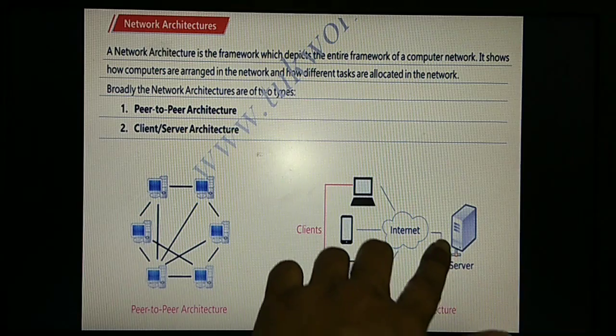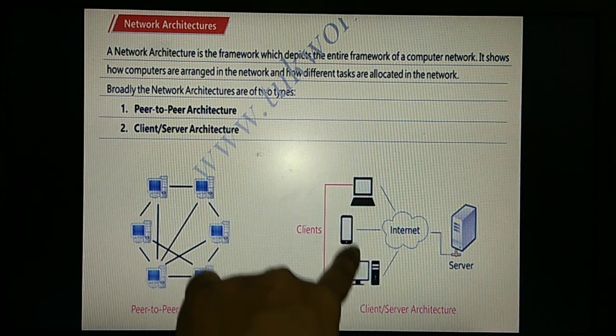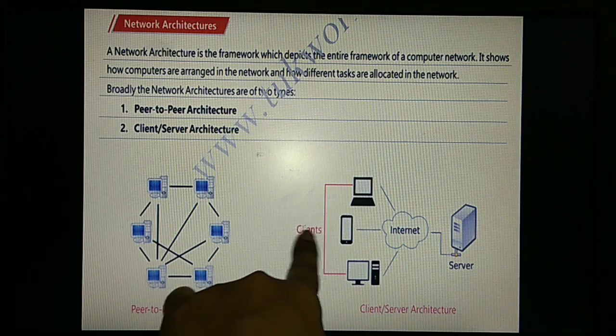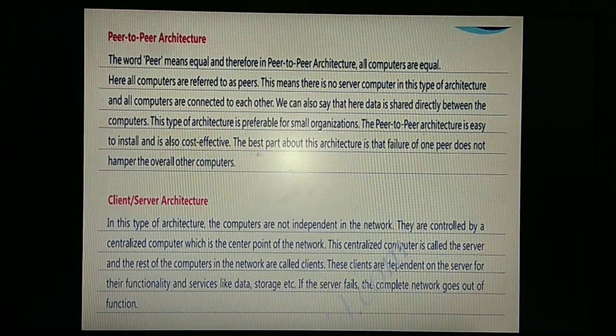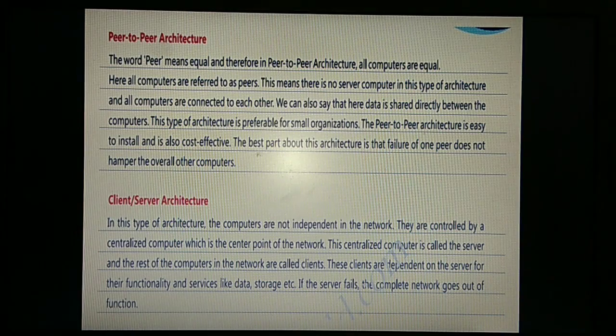See, this is the server, and the rest of the computers or other devices are called clients. These clients are dependent on the server for their functionality and services like data storage, etc.